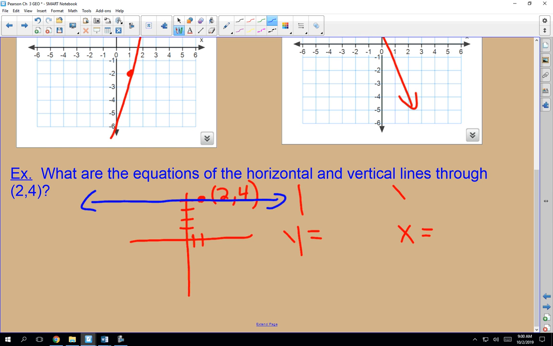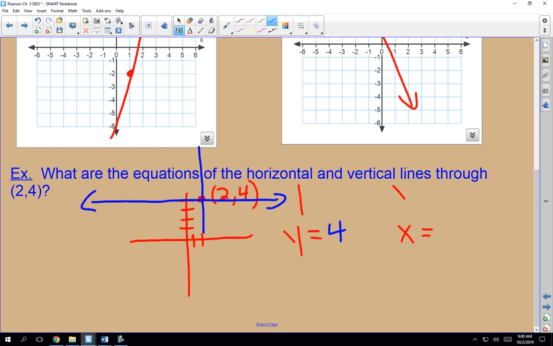The equation of the horizontal line through (2, 4) would be y equals whatever the y coordinate is that it just stays at, or the y coordinate of the place where it crosses the y-axis. What's the y coordinate here? 4. So it's y equals 4. A vertical line would look like this.